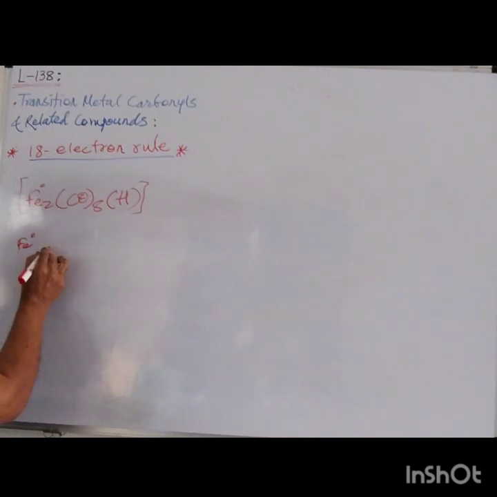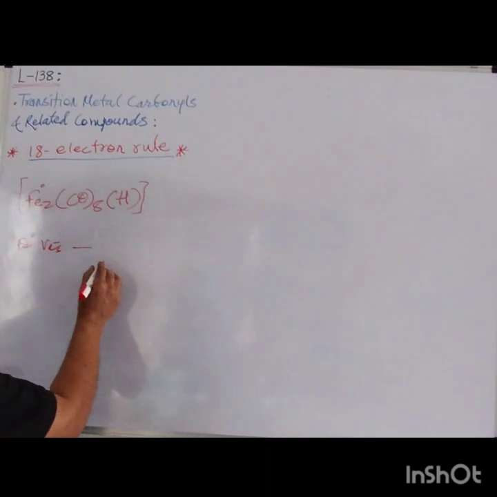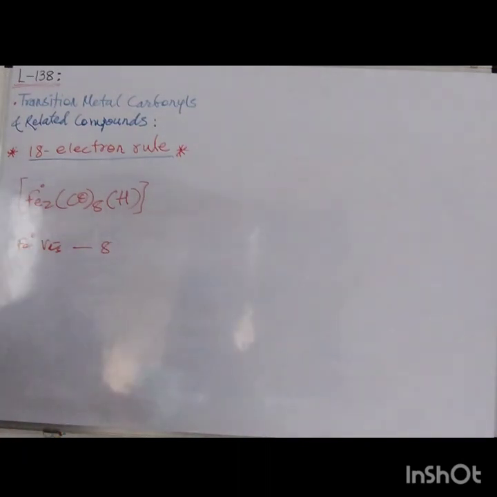So this Fe in 0 we have valence electrons count, that is 8. Valence electrons are 8, means 6 electrons from d and 2 electrons from s subshell.